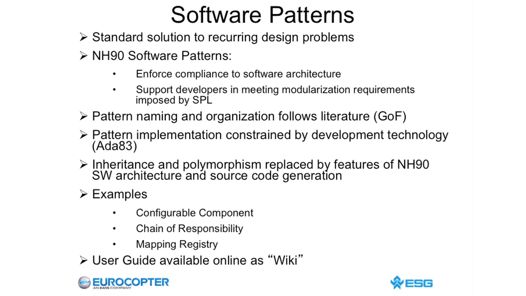What we did is we used the naming and the intention and the way it's described in the literature, namely what's called the Gang of Four. But the actual implementation is, of course, not the way it's done in that book, because of the lack of object orientation.